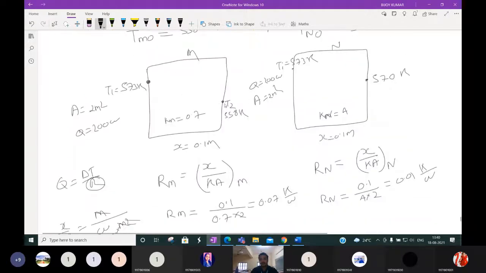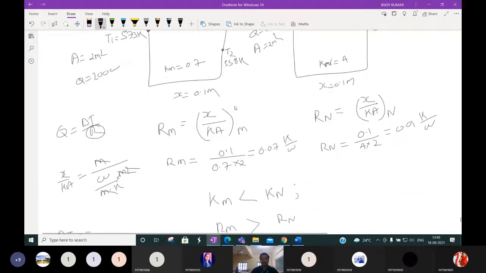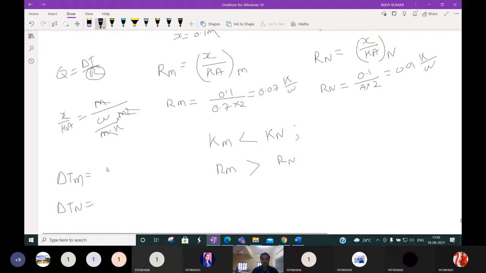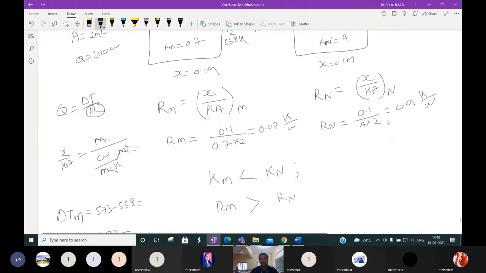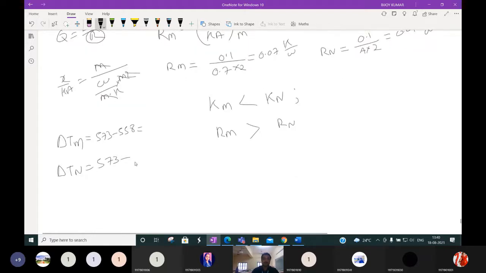So delta T means this surface temperature difference. 573 minus 558 is 15 Kelvin, and delta Tn is 573 minus 570, which is 3 Kelvin.